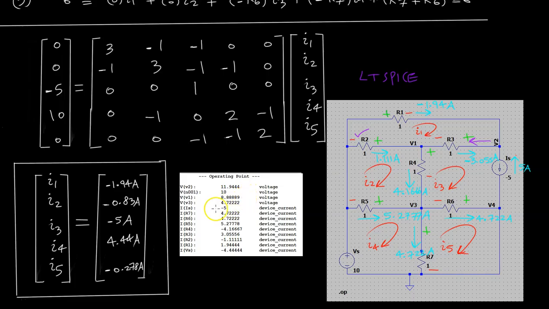And let's go back to R2 again and look at that negative sign. So we would check it by VS and V1. VS is 10, V1 is 8.88. So LTSPICE would be telling us that current is going to flow in this direction, which is agreeing with the MATLAB calculation, as you can see here. And here it also agrees because that's a negative sign.